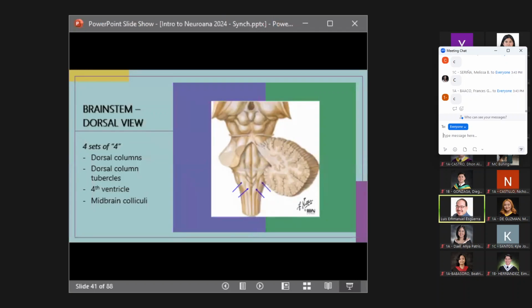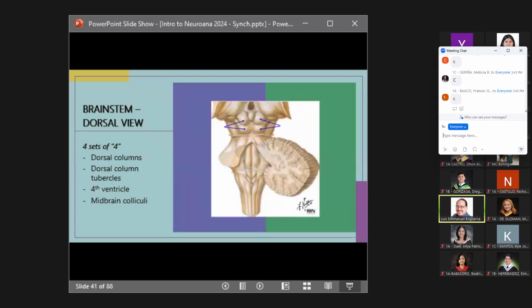And there is a fourth ventricle, which is this diamond shaped area, also referred to as the rhomboid fossa because it's rhomboid shaped. Fourth ventricle, four sides, number four. And then in the area of the midbrain, you have the colliculi, two superior and two inferior, so four colliculi. That's how you know that it is the dorsal view.